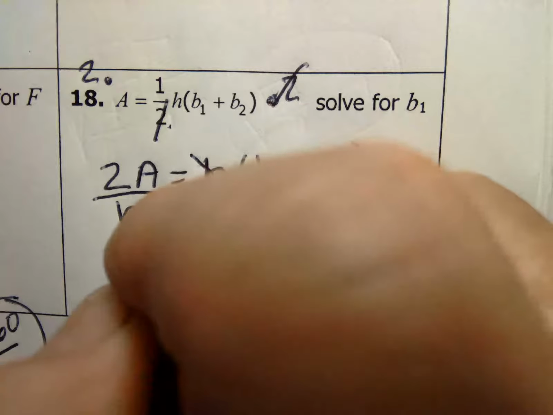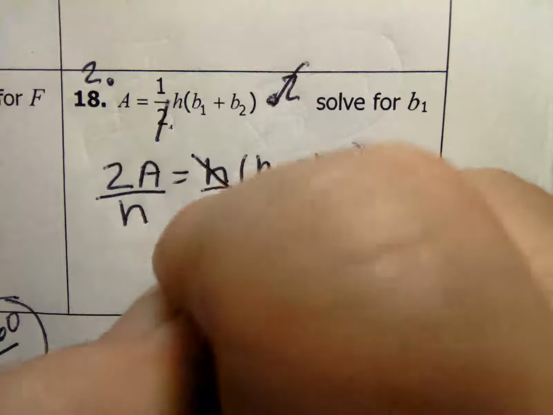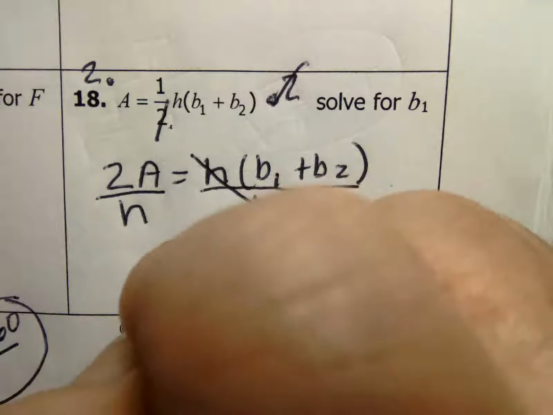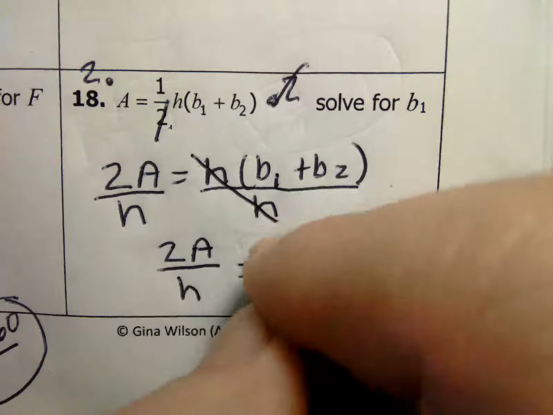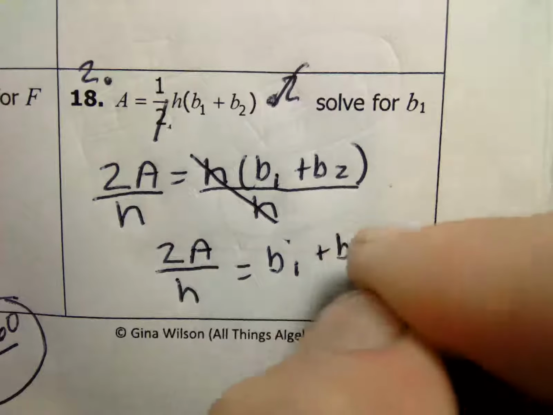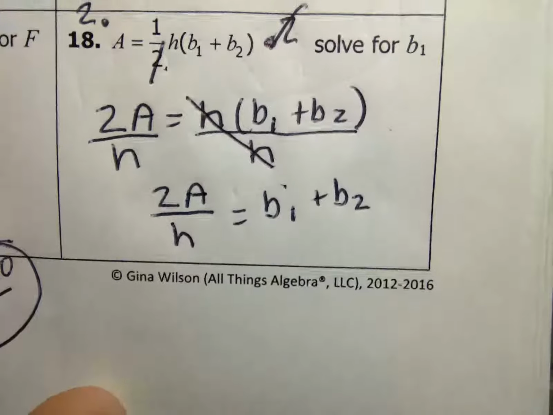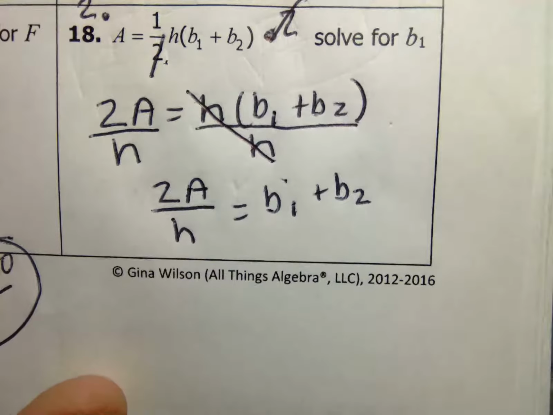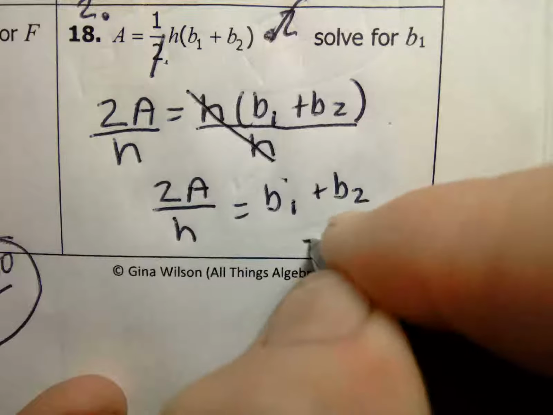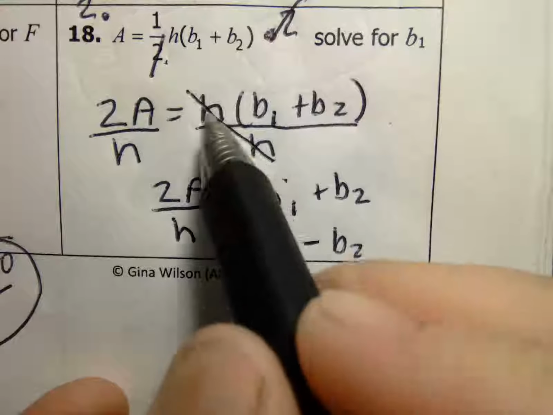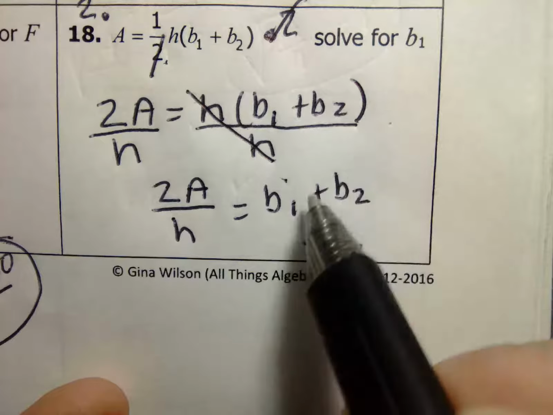Okay? So now we have 2a over h is equal to b1 plus b2. And last step. Was that a little bit easier than distributing first?